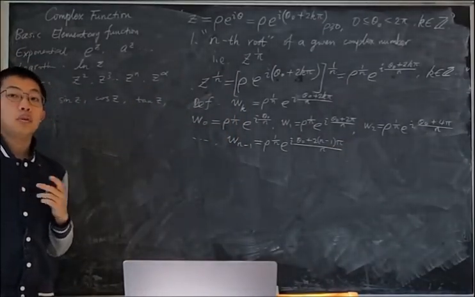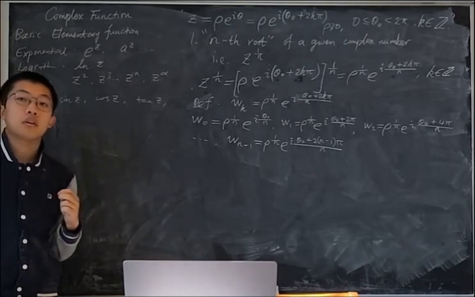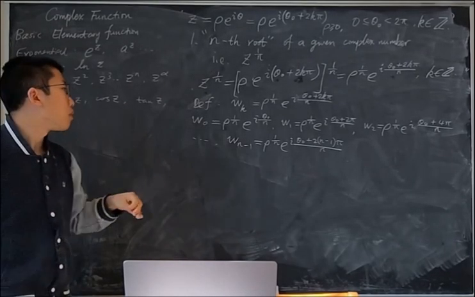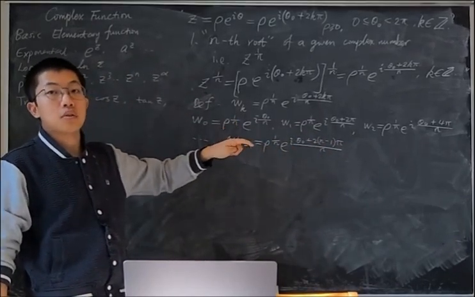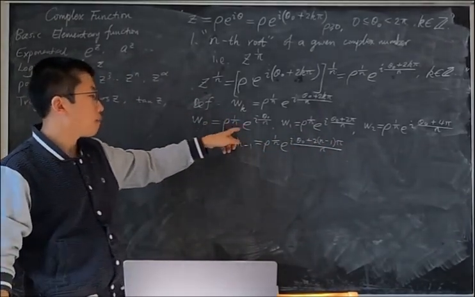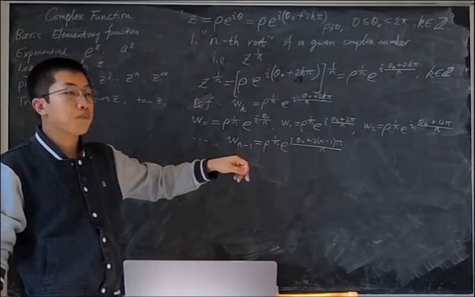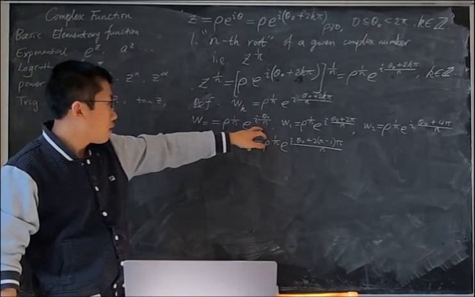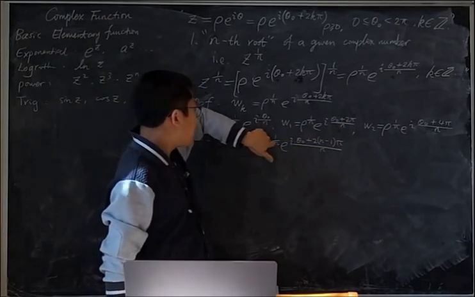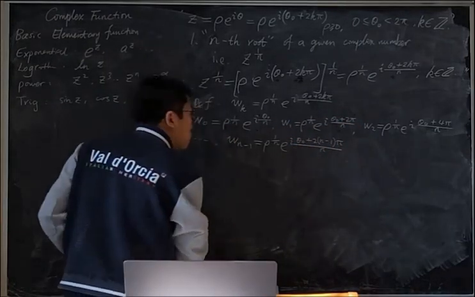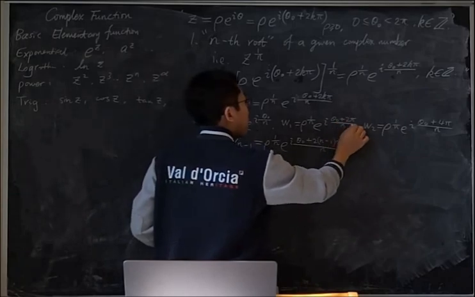If we look at all these values, we can easily figure out that all these numbers have exactly the same absolute value. The absolute value is just rho to the 1 over n. But for the argument, let's see. Theta naught over n and theta naught plus 2 pi over n. The difference between the argument is actually this 2 pi over n.